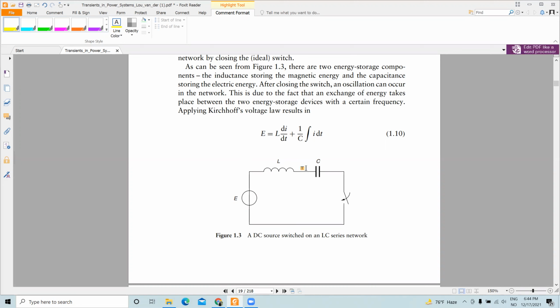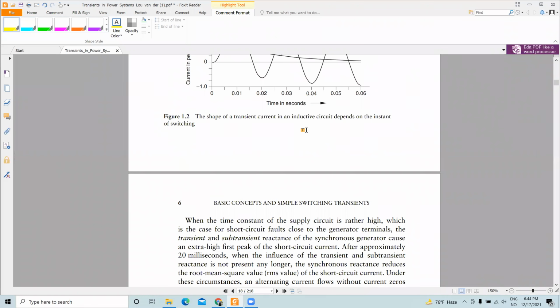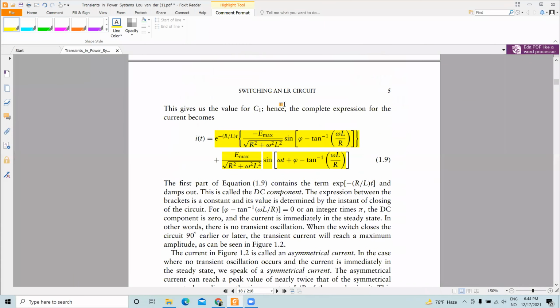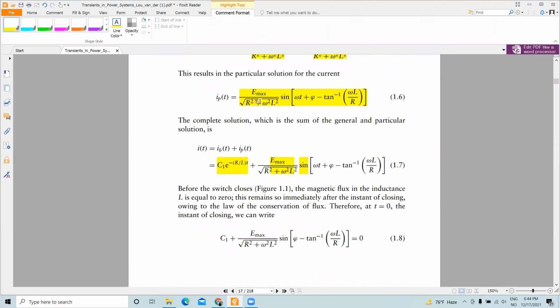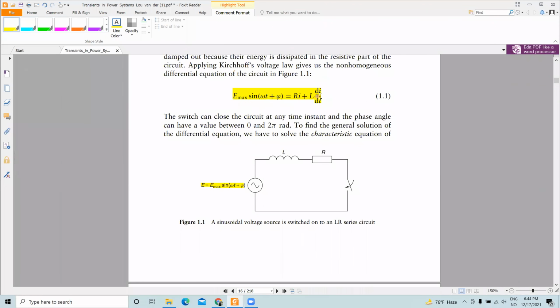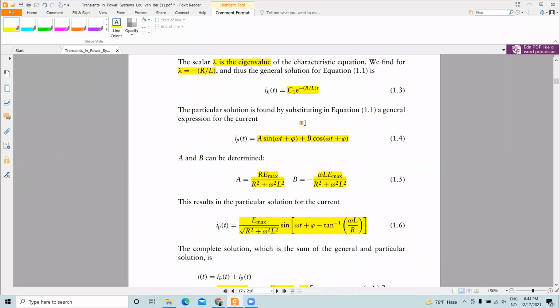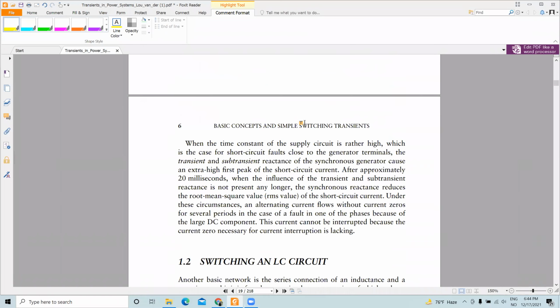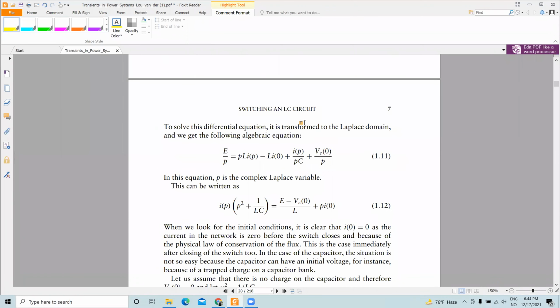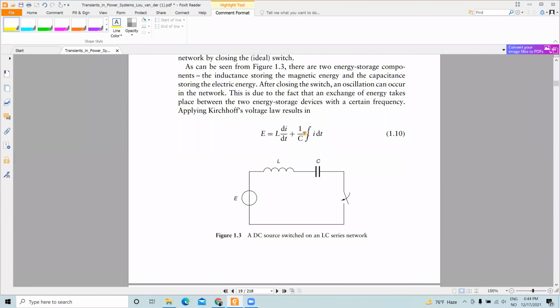This is the voltage drop across the capacitor. In the previous case it was an LR circuit, and it was a first order differential equation because you have only one derivative. But now if you have an LC circuit, it will become a second order differential equation, because it will be d square I divided by dt square.